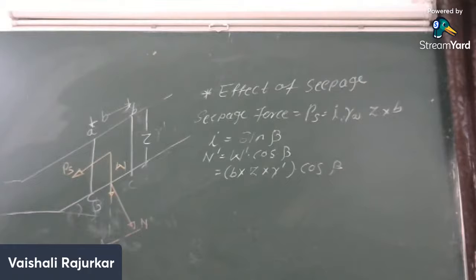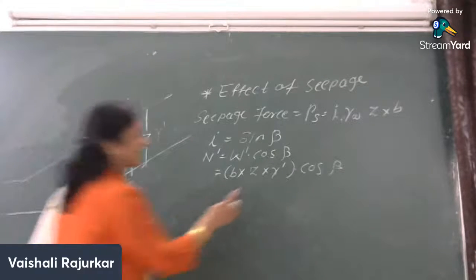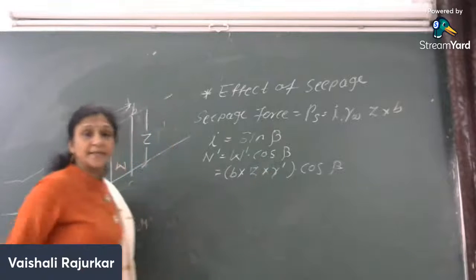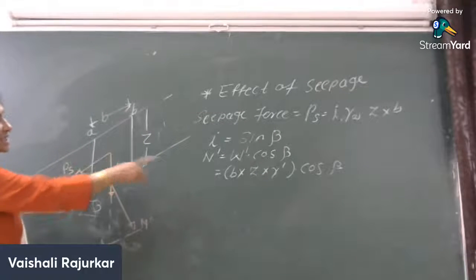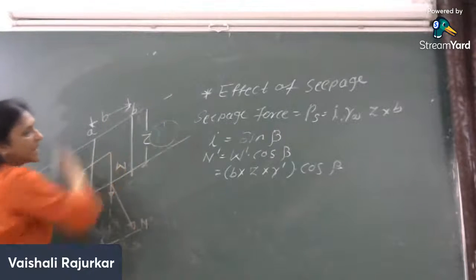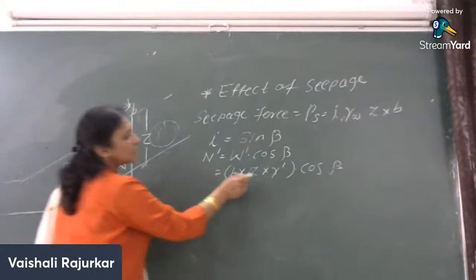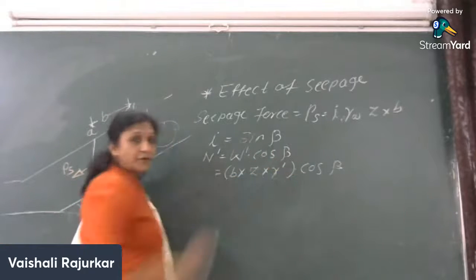As the soil is in submerged condition, gamma is replaced by gamma dash, that is gamma submerged. Otherwise, it will be B into Z into gamma dash into cos of beta.